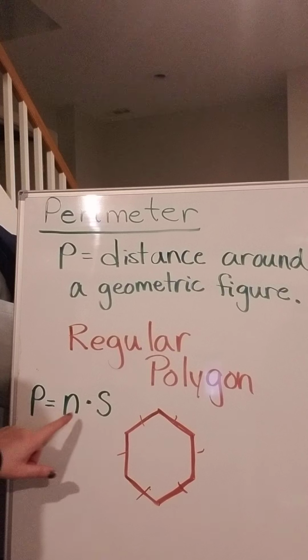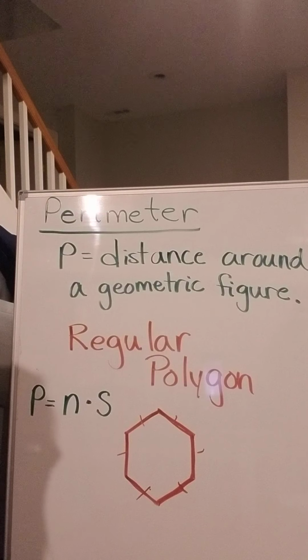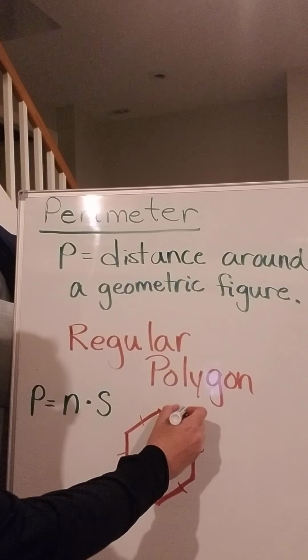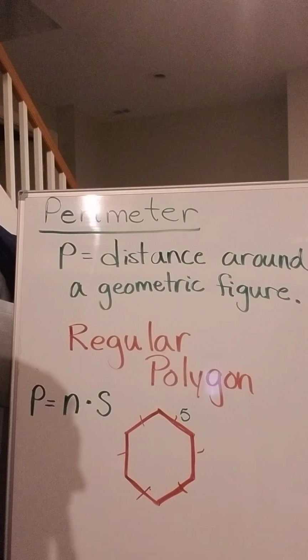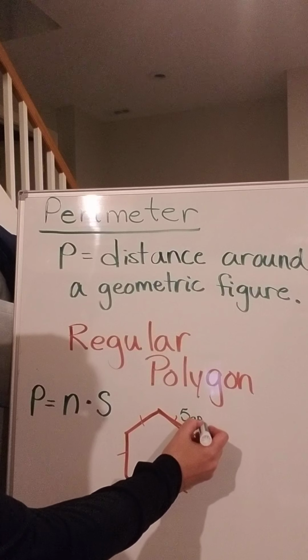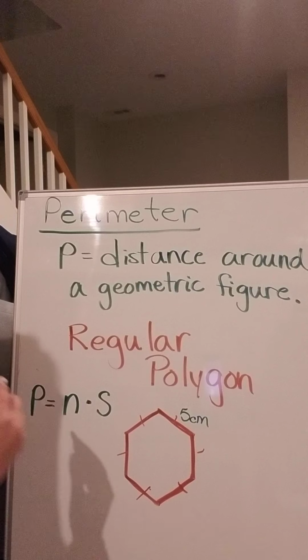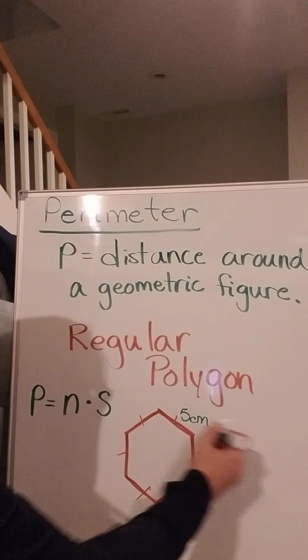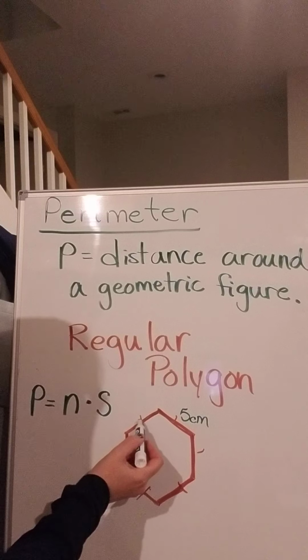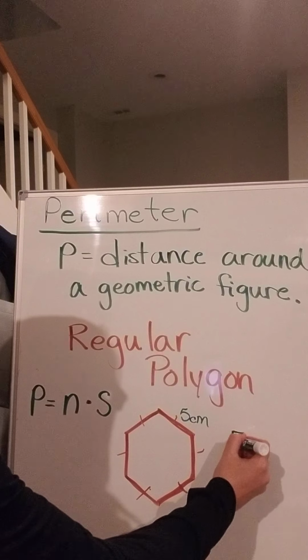So P equals N times S. So if this side right here was 5 centimeters long, to find out the perimeter, P would equal N, the number of sides, times 5 centimeters.